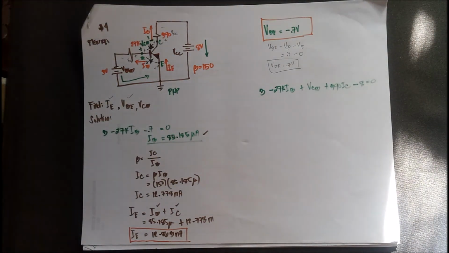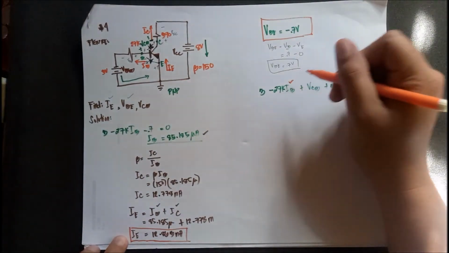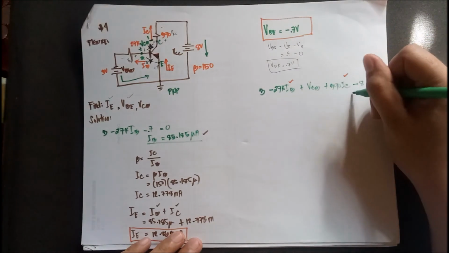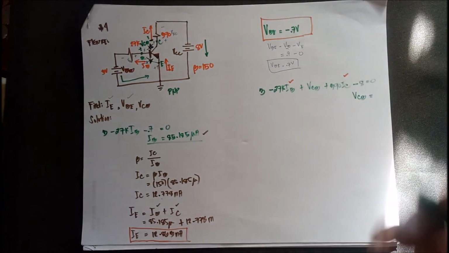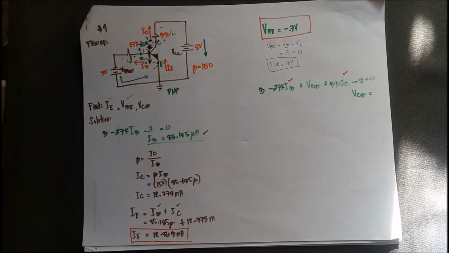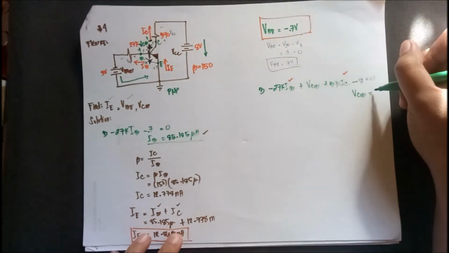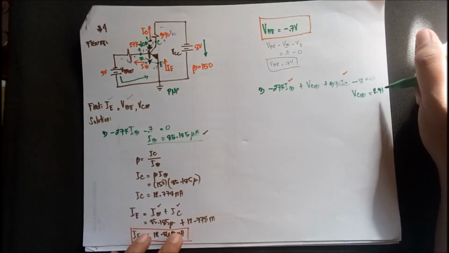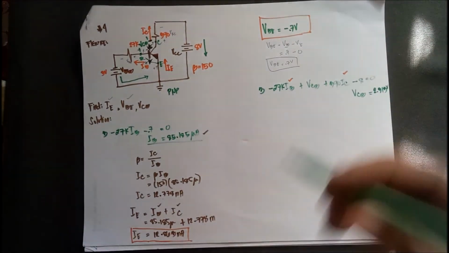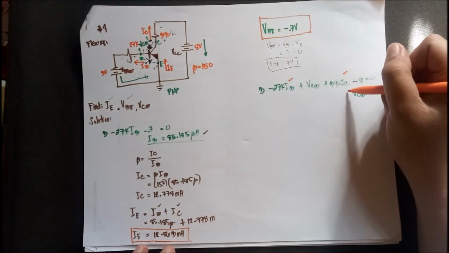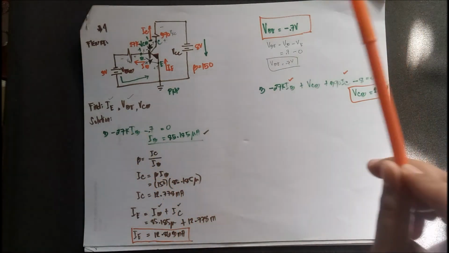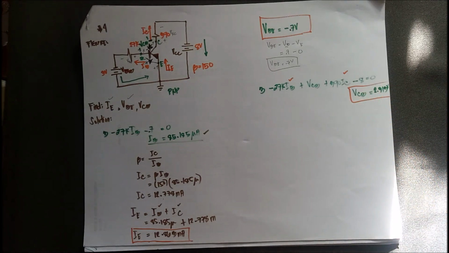And, given na po itong ating IB and our IC, thus we can now solve for your VCB, which is equal to 2.313 volts. And, yeah, that's it. We now have our IE, our VBE, and the VCB, which is 2.313.